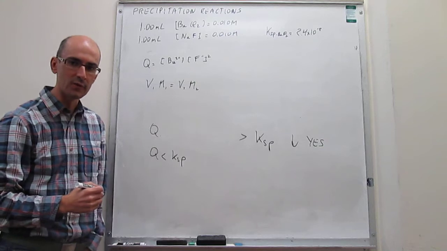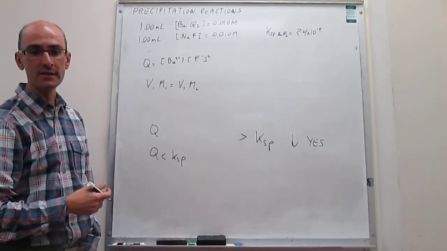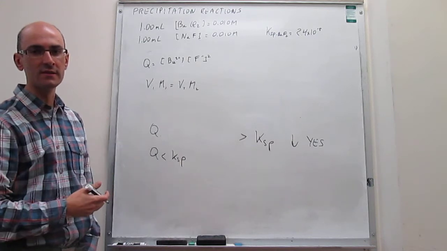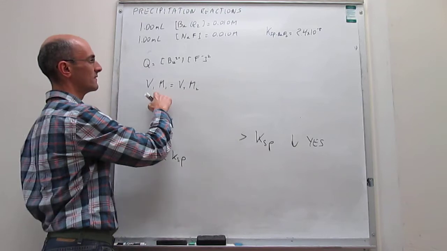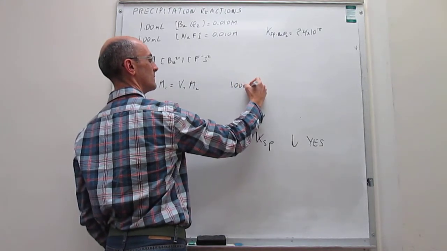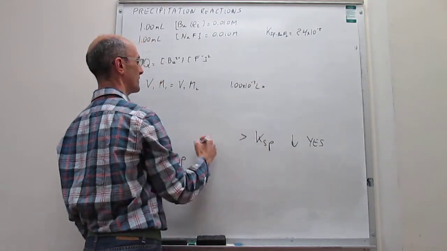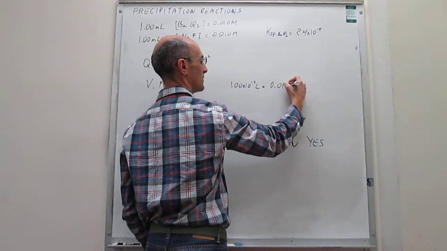Okay, so let's try to see how this would work for either one of them. We can do barium or fluoride. In this case, they're actually the same because the volumes and the molar concentrations are exactly the same. So the initial volume is 1 milliliter, so that is 1.00 × 10^-3 liters multiplied by the initial concentration, which is 0.010 molar.